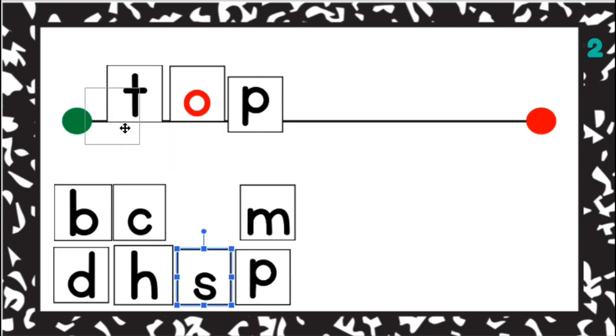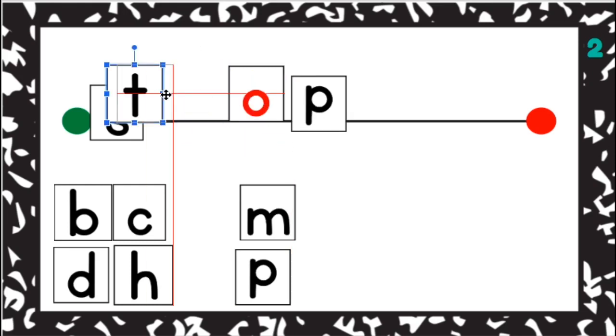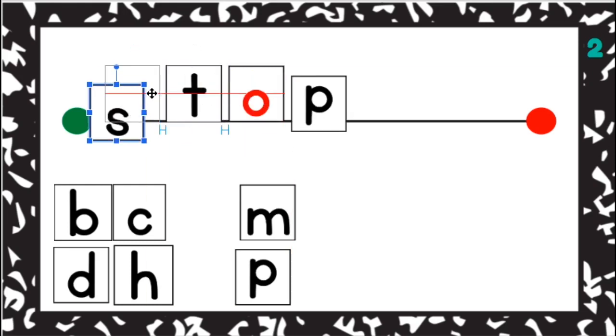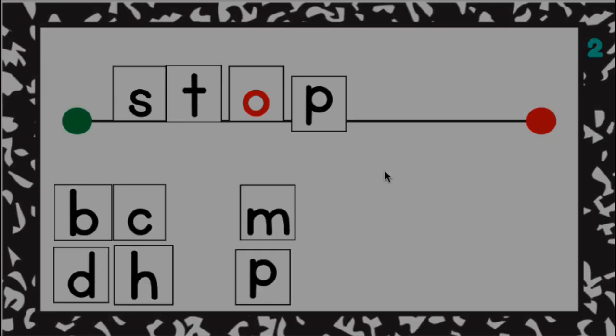So I'm going to put an s here. Move these down. Stop. I made the word stop by stretching the sounds slowly and putting them all together. So you can now write the word stop on your paper.